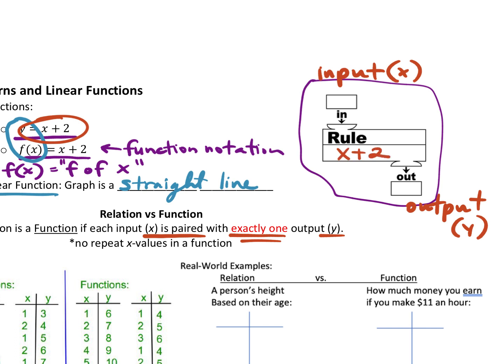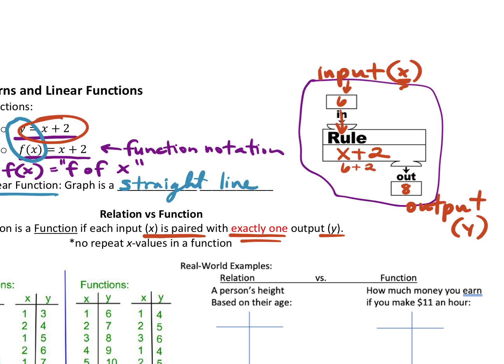That's our function rule. I take my x value and I add 2 to it. That means if I put in a 6, so my input, my x value, is a 6, what will my output be? 8, right? I put in a 6, so 6 plus 2 is 8, okay?